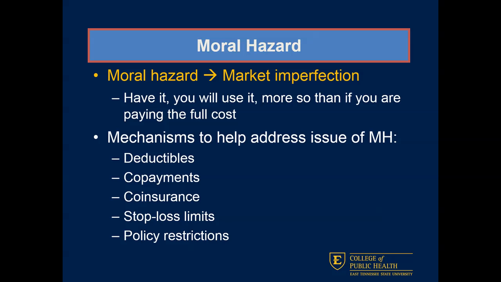They waited until it got to a point where we're having to administer emergency services to these individuals because the disease progression has gotten to the point where it needs a lot more intervention.